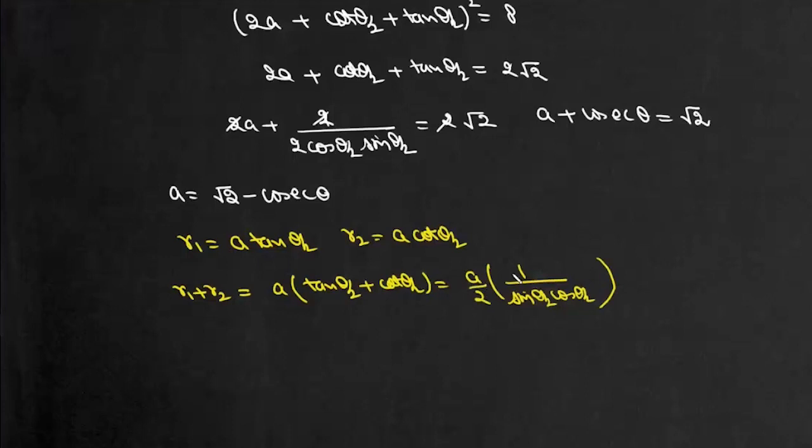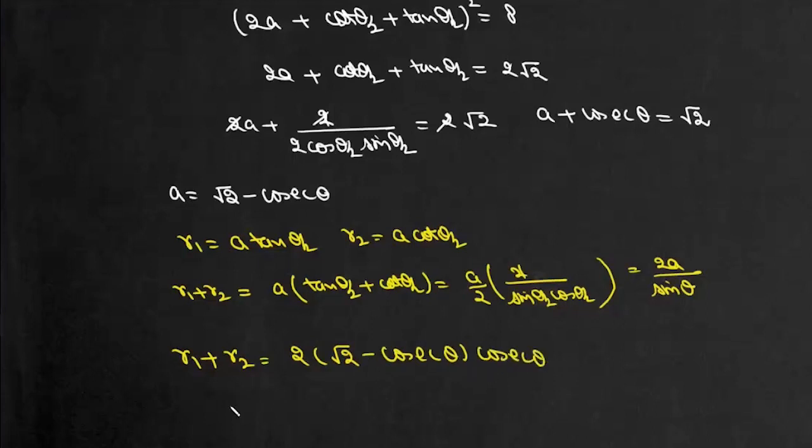We'll multiply and divide everything with 2. So it will be this 2a upon sine theta. Now a is root 2 minus cosec theta. So we can write this r1 plus r2 as 2 into root 2 minus cosec theta upon sine theta, which also is cosec theta.